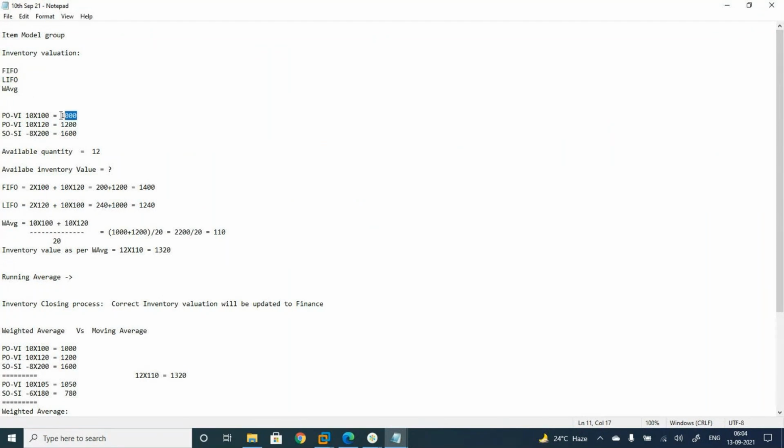Whenever you are selling, the system will assume these 8 items are dispatched from this lot. If 8 items are dispatched, the system should assume whether it was deducted from here or from here. Suppose it is deducted from here, meaning from this purchase order invoice the material was dispatched, 8 quantity, then how many are available?